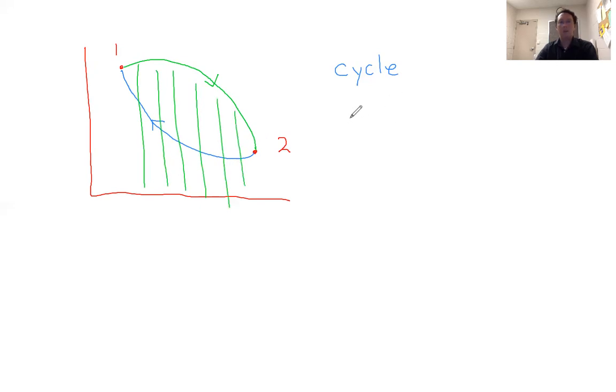So the total work, or work net, sometimes it's called the cycle work, in this case because it's a cycle, equals the green area. And then, you got to think about what you're doing.